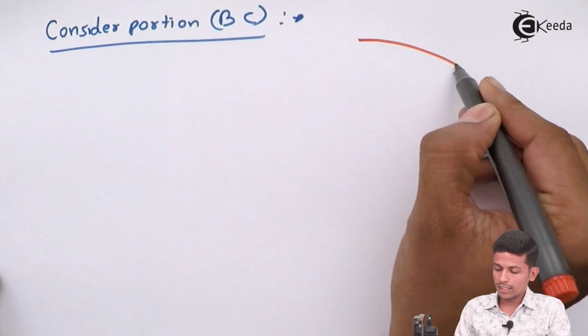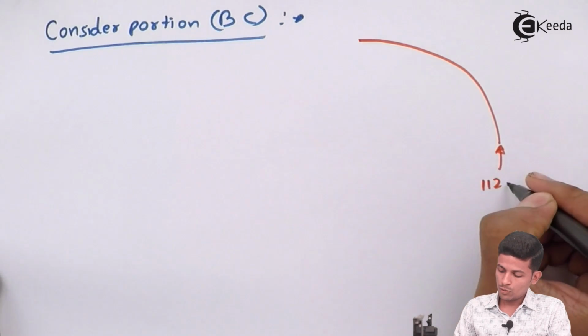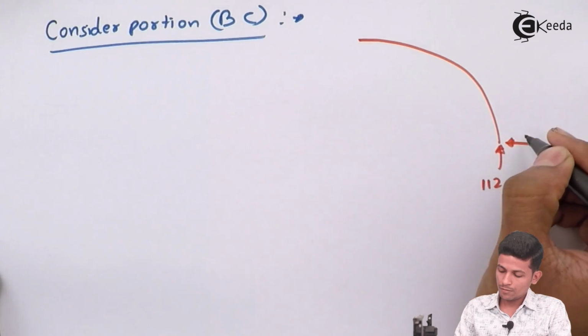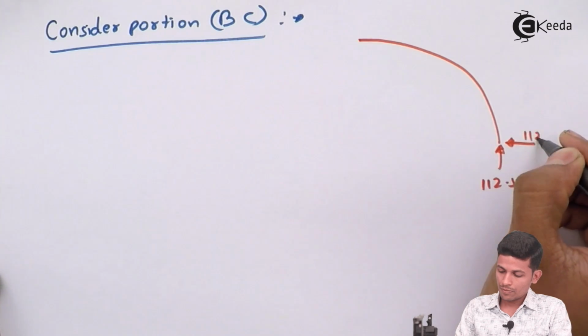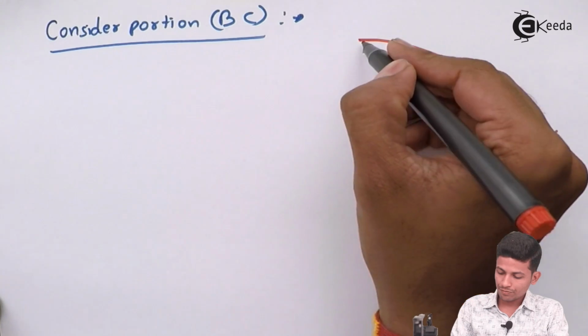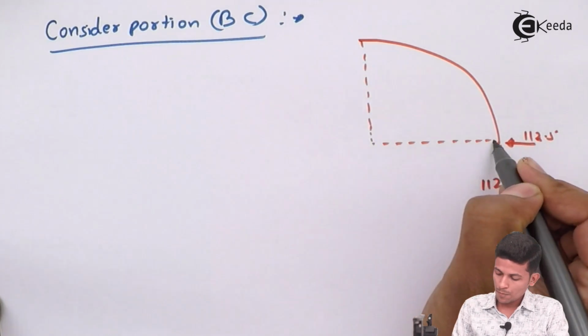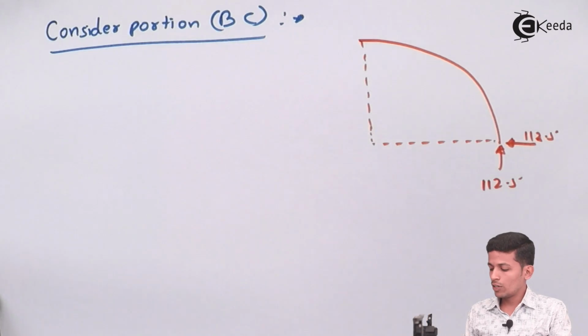What will it look like? This is your VC. We know this value 112.5. We know this value 112.5. Now what do we have to do over here?